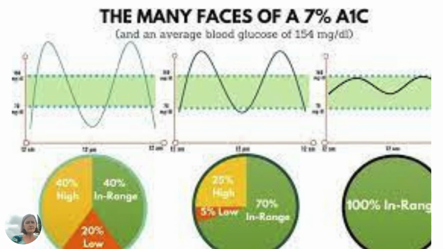In the second graph, there's more time in range with the same A1C, and in the third graph, which is where we'd ideally like all our patients to be, is 100% time in range. Obviously, this is almost impossible to attain, but these days with automated insulin delivery systems, hybrid closed loop pumps, we are able to get closer to this number.